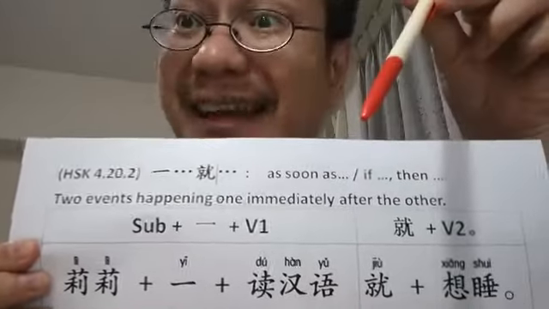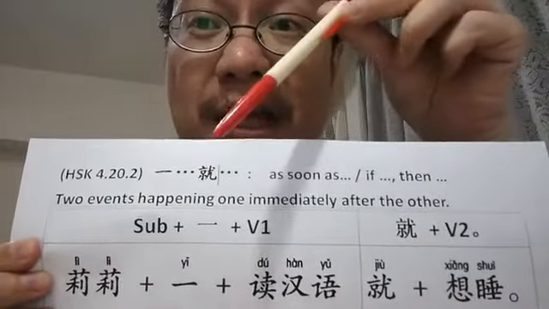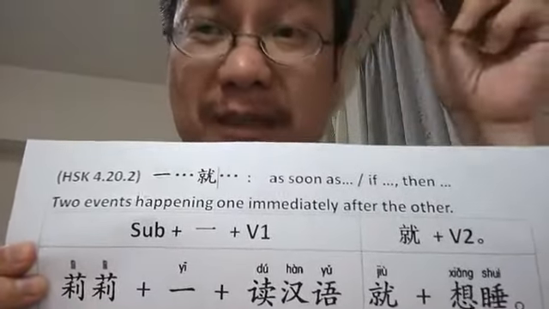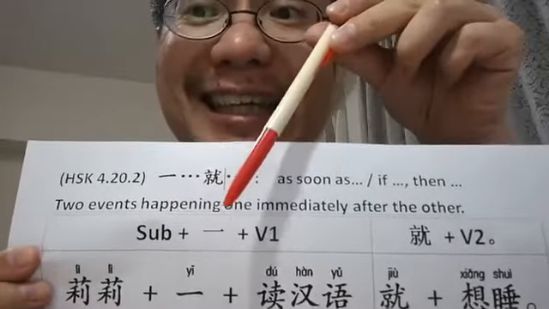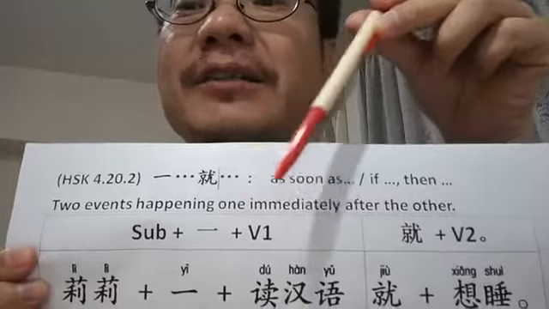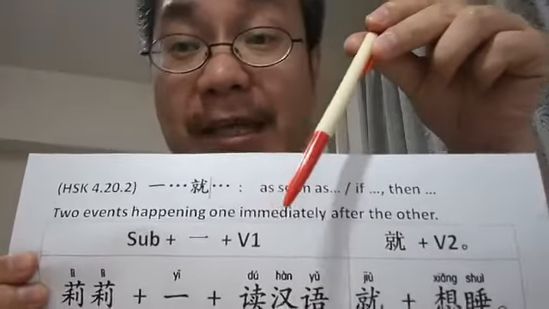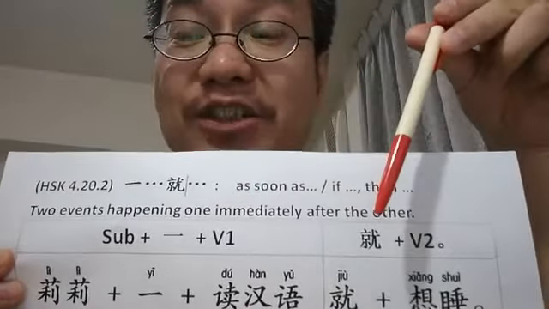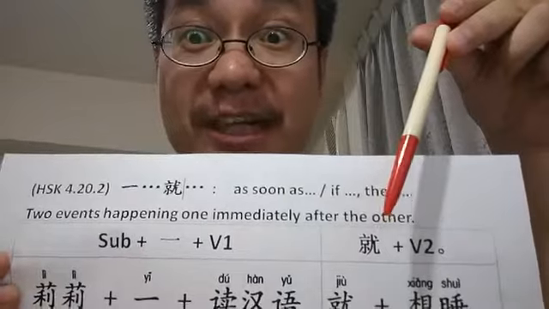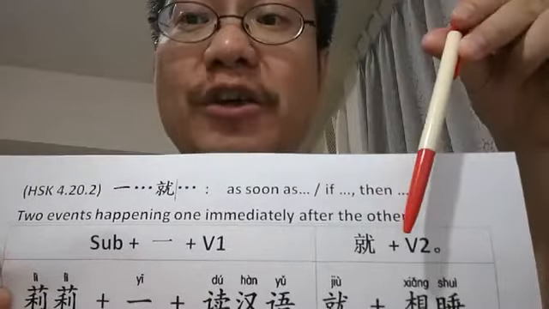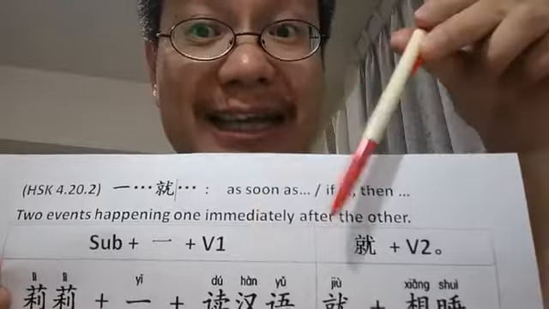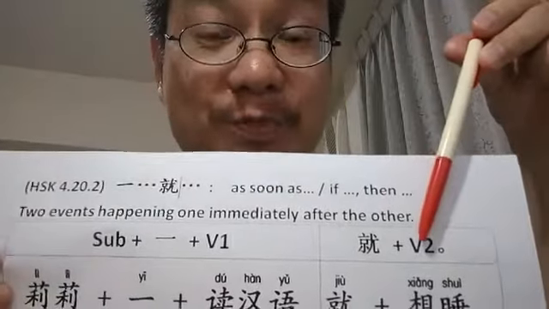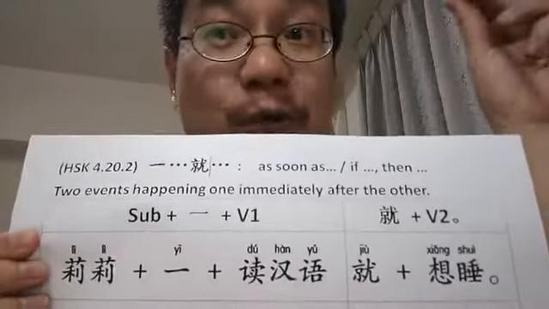The sentence pattern of 一 blah blah 就 blah blah blah is subject first, then 一, then verb 1, and then we use 就, which means then, 就 plus verb 2. If verb 1 happens, then verb 2.